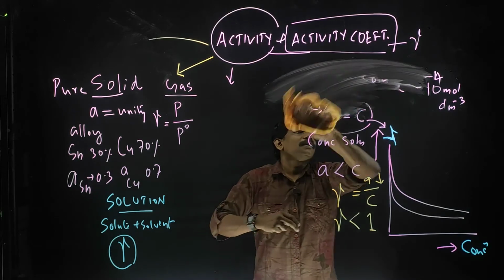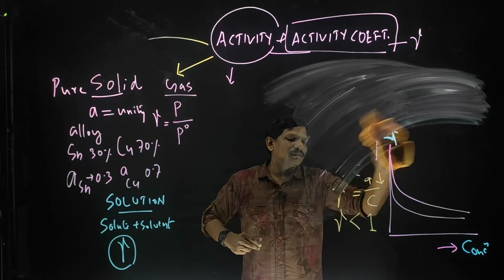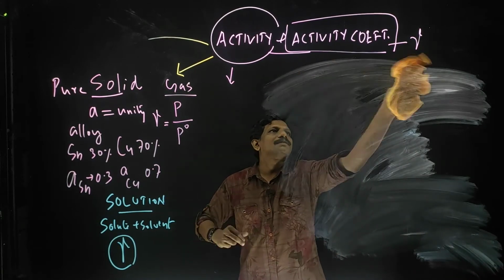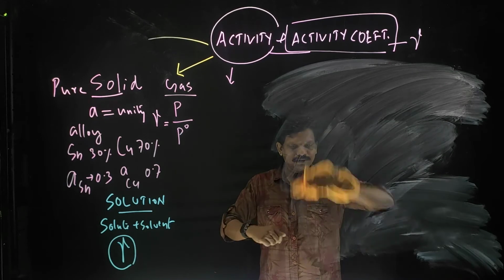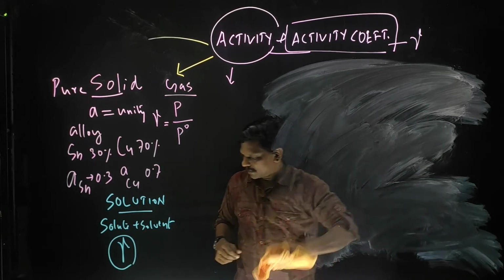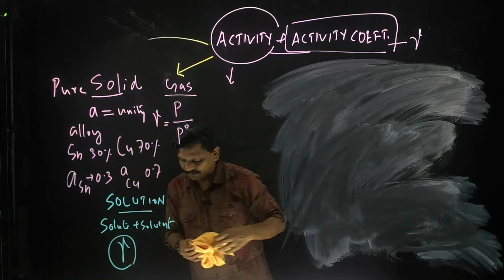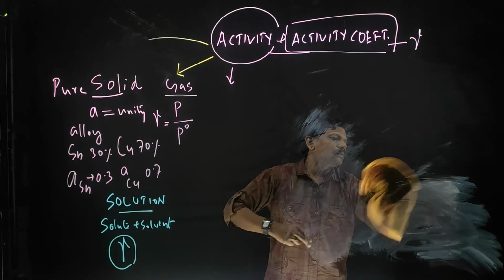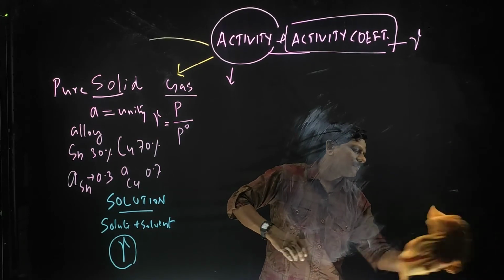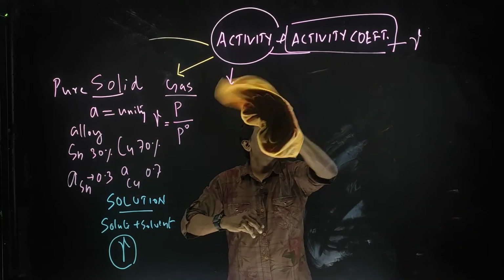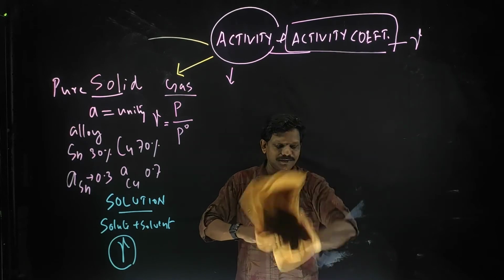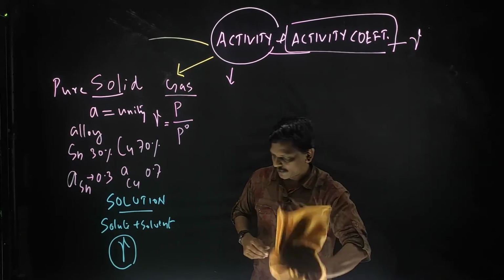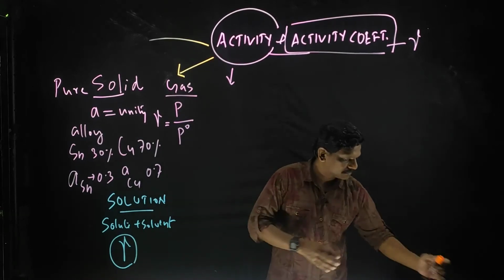Again I am going to explain something related to activity coefficient. We can take an example of a salt. Normally you know that in an electrolyte there are two types of ions, anions and cations.